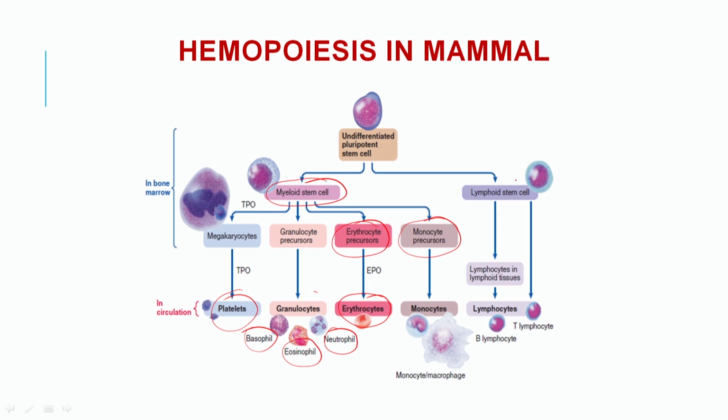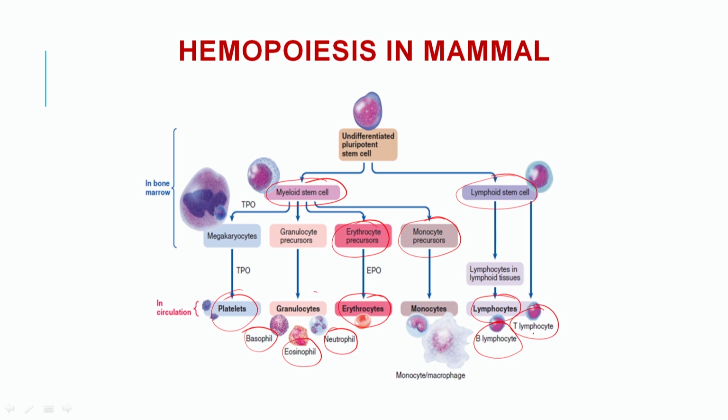Whereas lymphoid stem cells are derived from the undifferentiated pluripotent stem cells. They are responsible for the formation of lymphocytes in the lymphoid tissue, that is B lymphocytes and T lymphocytes.